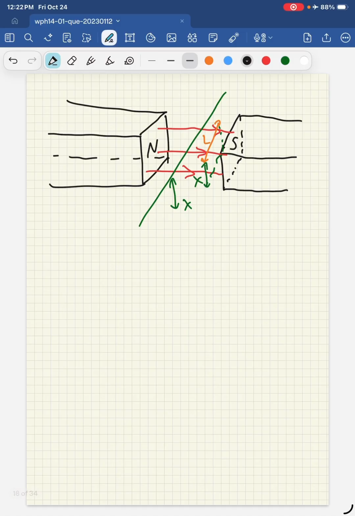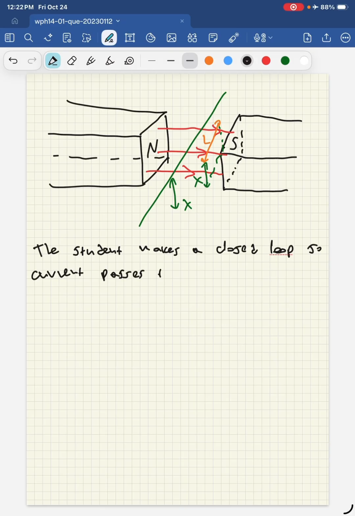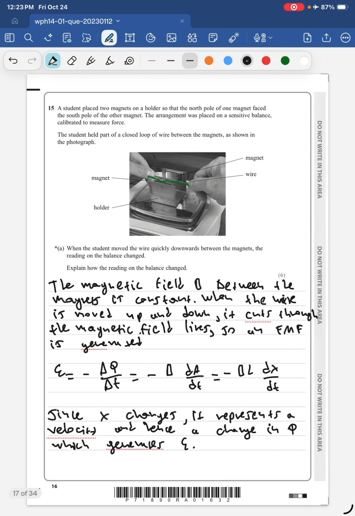The student holds the wire with his hands, so the student makes a closed loop. So current passes through the wire, through the hands of the student pretty much, because he's holding the wire, okay?